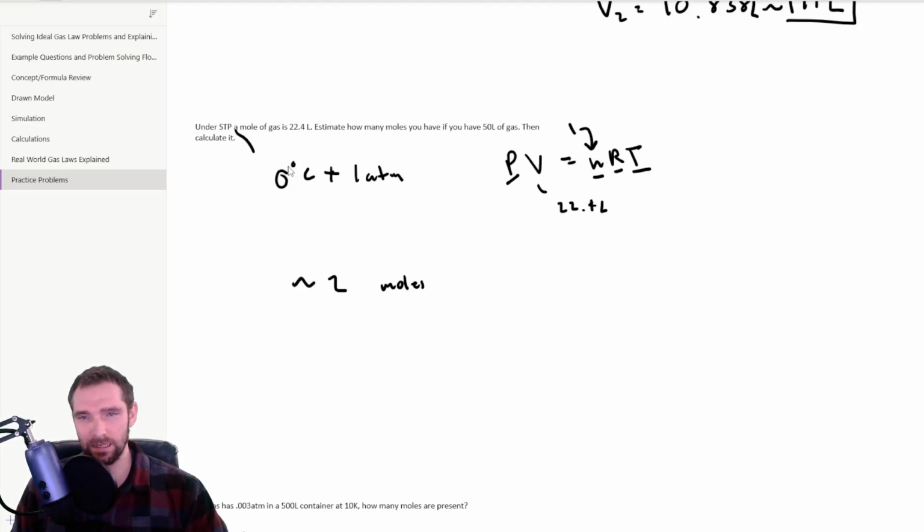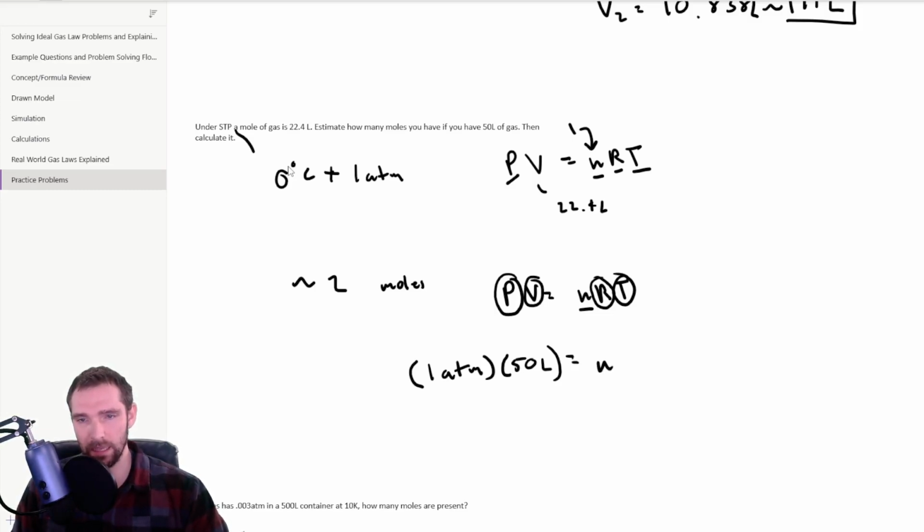And then we can actually calculate this out. So if we have PV equals nRT, let's say that we have the 50 liters. So we have that, and we want to know the moles. So we know everything besides the amount of moles in this situation, because we're at the standard pressure, which is 1 atmosphere. They're giving us the 50 liters for our volume.